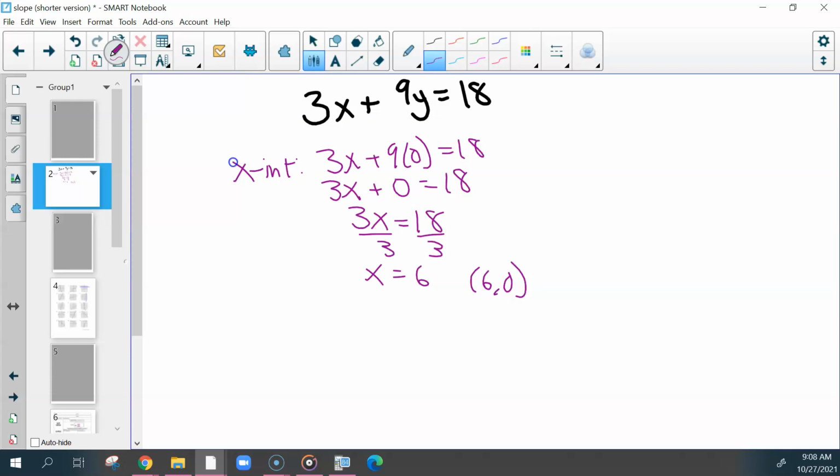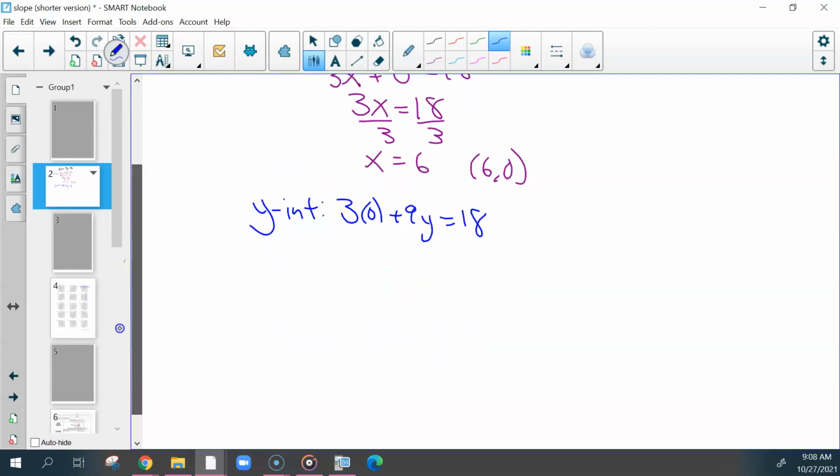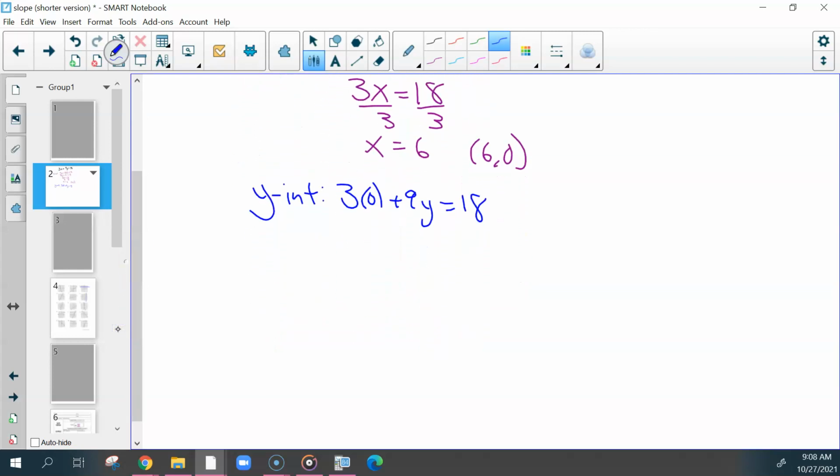I could do the same thing to find my y-intercept, but now I'm going to put 0 in for x. I think I said put 0 in for y, but I meant x. And solve for y.